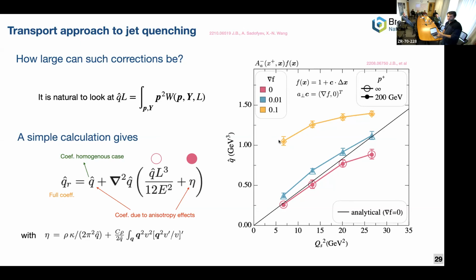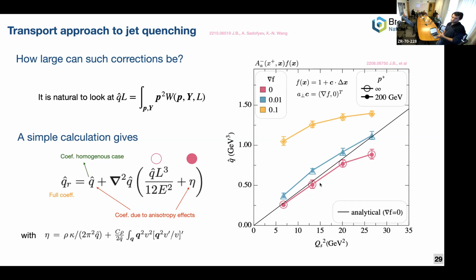So you see on the open symbols the case where the quark has infinite energy, and the closed symbols are where the quark has finite energy. And then the red case is when this is in the vacuum, in a homogeneous matter. And this case is when there is some finite gradient present.